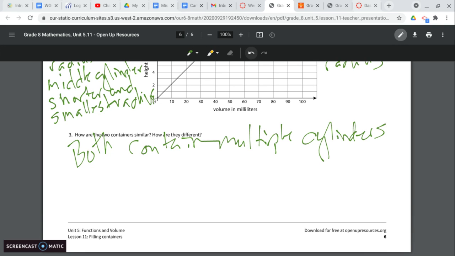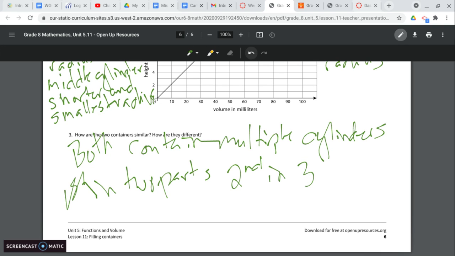How they're different is the first has 2 parts, the second has 3. So one has more cylinders that it has to go through, more changes with those different amounts. We also have some that are going faster than others in there, so some differences between them.